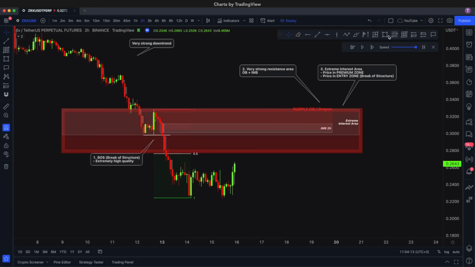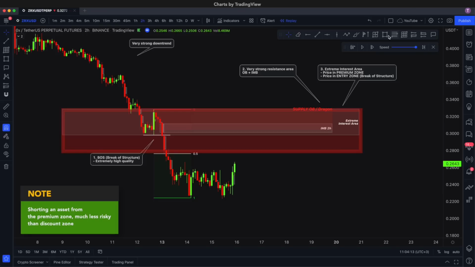Now, if you remember the previous video, where we talked about premium and discount zones, for me the extreme interest area is critical for entry decisions. As you can see, my interest area is in the premium zone. It is also my entry zone above the break of structure.